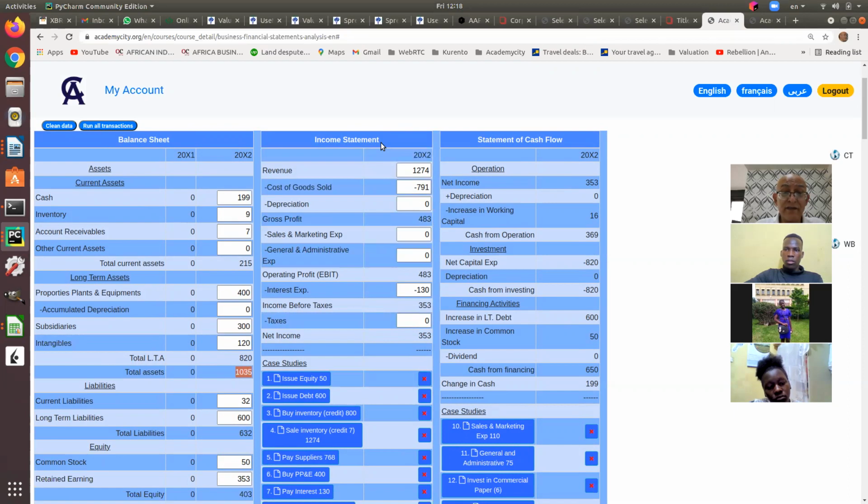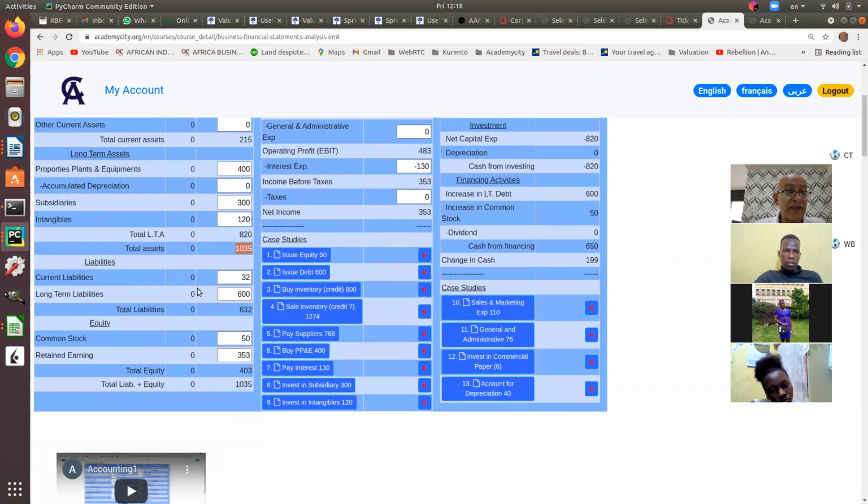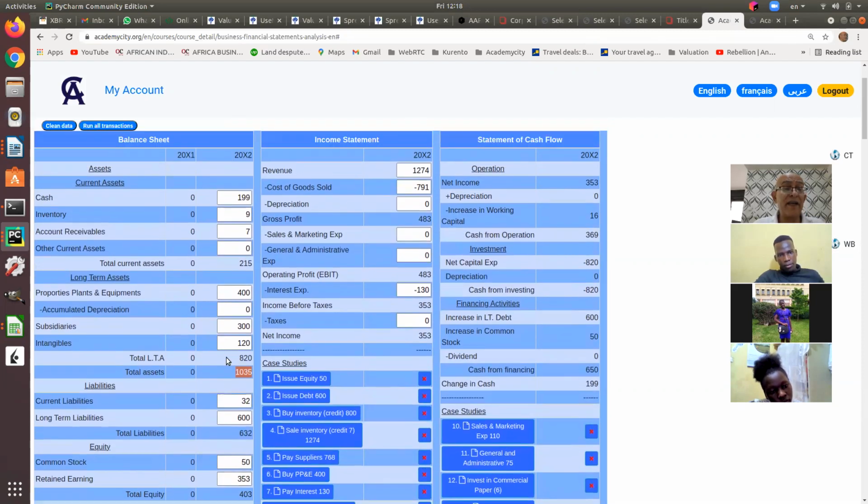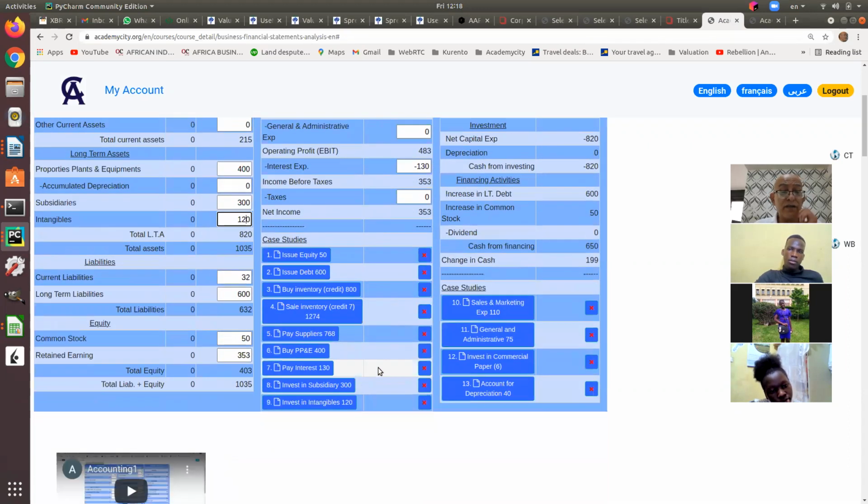No effect on the income statement, no effect on liabilities, no effect on equity. But it does have the effect that I have less cash and more long-term assets. So all those transactions, buying machinery, buildings, or whatever, reduce my cash.